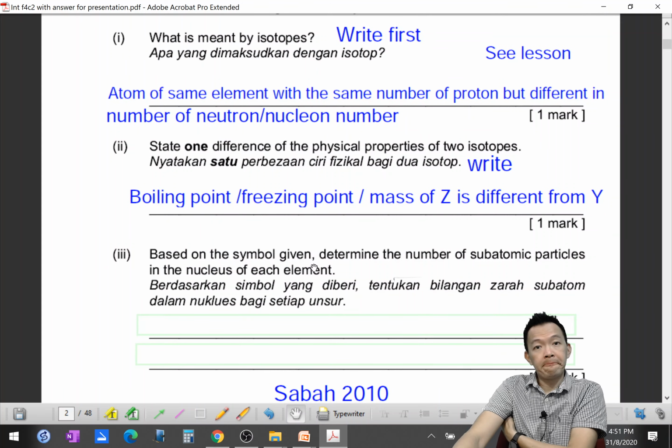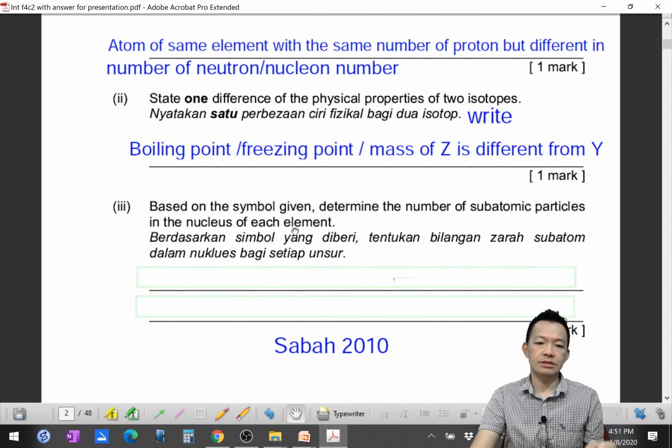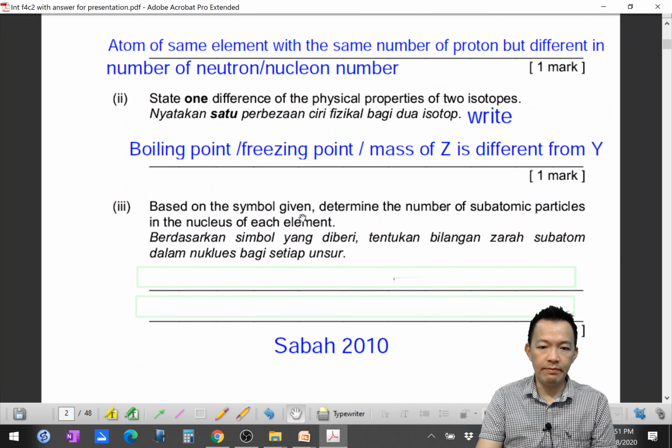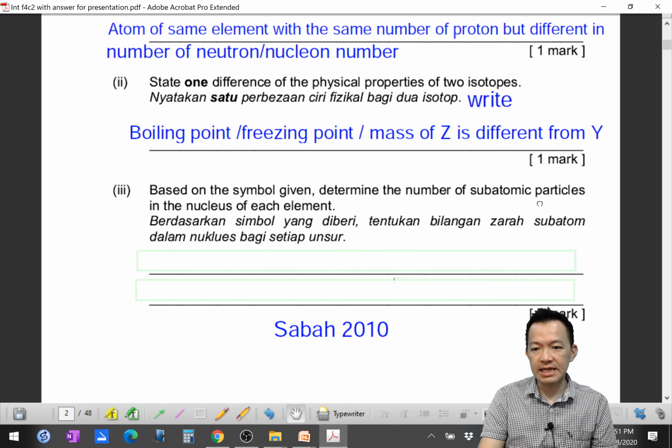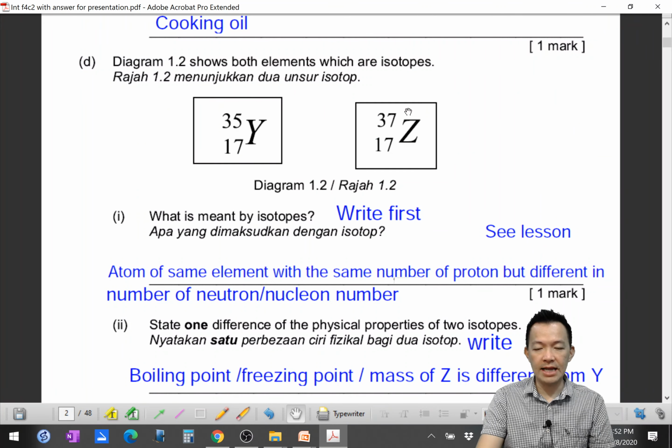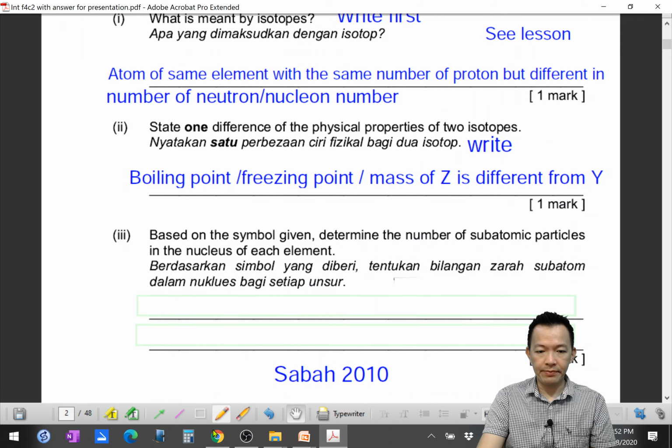肯定有不一样。Next. Based on the symbol given, determine the number of subatomic particles in the nucleus of each of the elements. 从它给你的 symbol, determine the number of subatomic particles in the nucleus of each element. Okay, Z and Y. 它的 nucleus 里面它的 subatomic particle 是什么呢？Your problem. Okay.